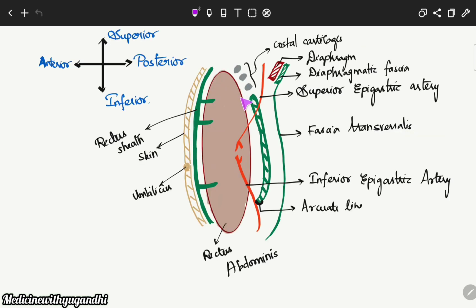In this diagram itself you could see that the posterior wall is deficient above the costal margin, right?